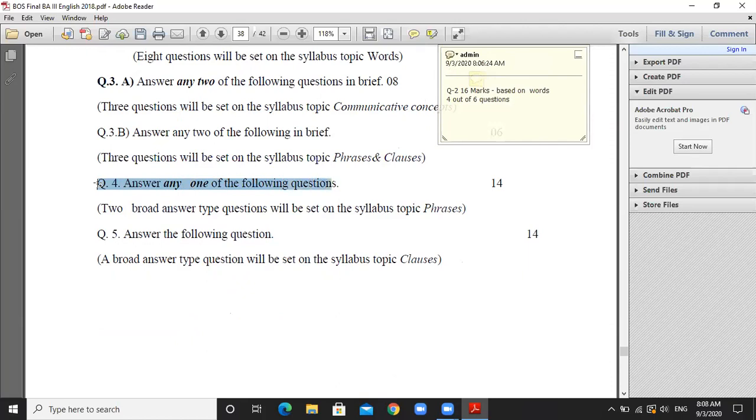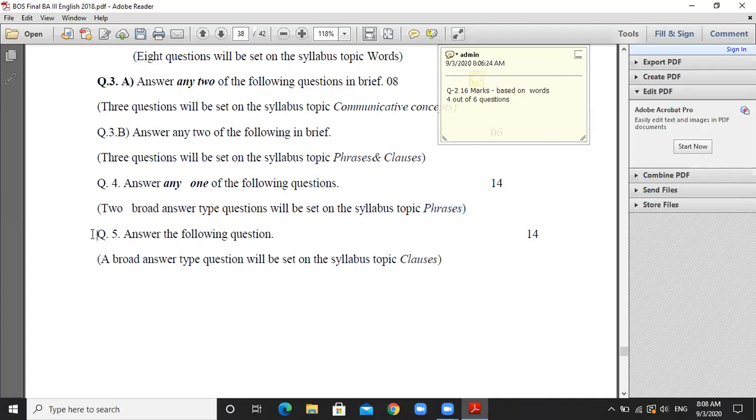So here you have an internal option. And what is that internal option? 2 questions will be given based on the topic phrases. So question number 4 will be based on phrases. 2 questions will be asked. You have to answer only one, right, for 14 marks. So you can choose the question that is simple to answer.